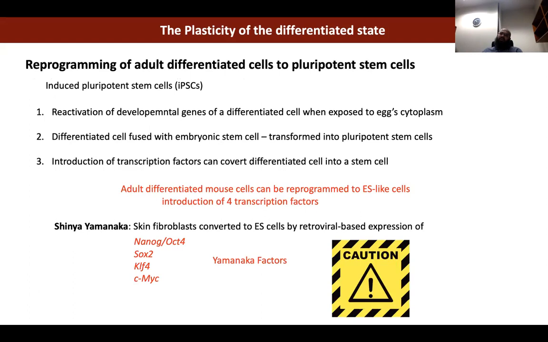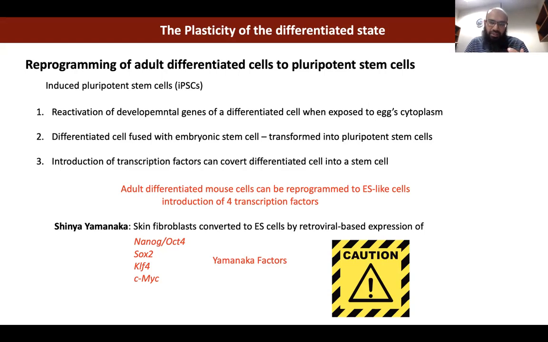Okay, so now we have seen at least two different ways to manipulate the differentiated state of the cell. So now it's quite easy to understand that the differentiated state is a very plastic, very dynamic state, and we can reverse it, starting with somatic cell nuclear transfer, where you reactivate the developmental genes of a differentiated cell.